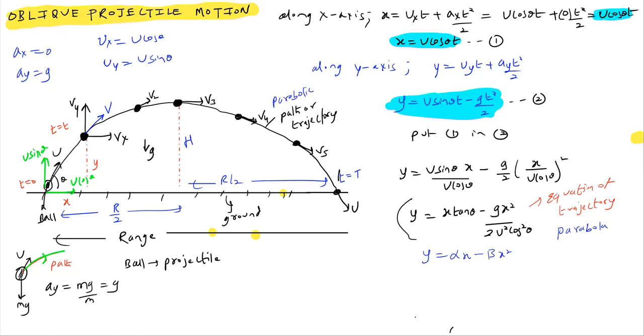So for projectile motion, the path will be parabolic. The trajectory will be parabolic. This is the proof we are giving. Then how practically will it move like this? This is the primary question we ask ourselves.